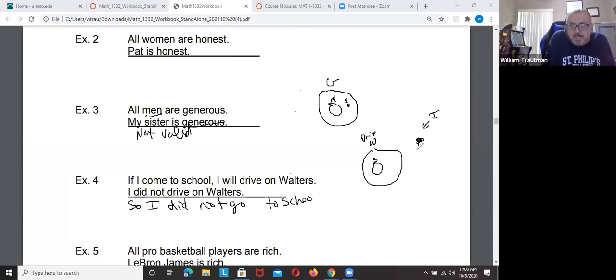Do you see? I can only go to school if I put an X here. But I'm putting it here because I didn't drive on Walters. I can't put a dot in the drive on Walters circle. So obviously, if I didn't drive on Walters, I didn't go to school.